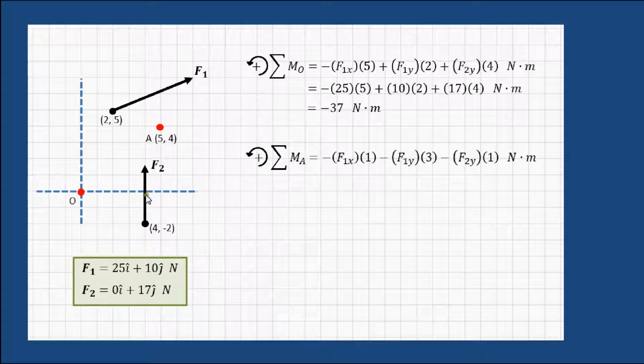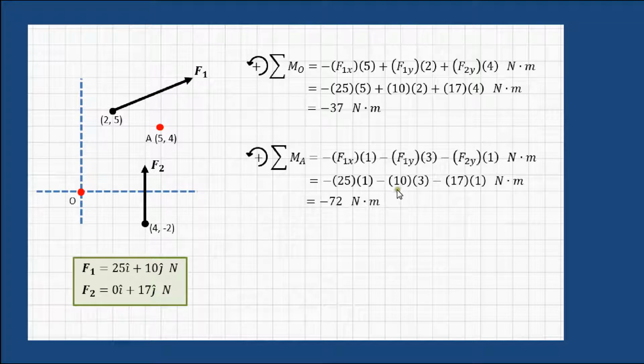And finally the force vector F2, its y component has a moment arm of 1 and again causes clockwise rotation, again coming in as a negative. So putting in the actual values, we find out that the moment about point A due to this force system is a negative 72 Newton meters.